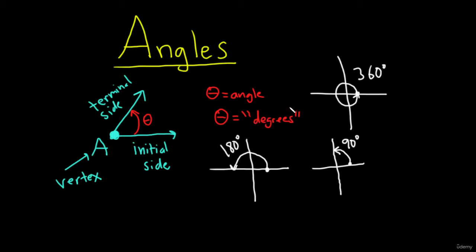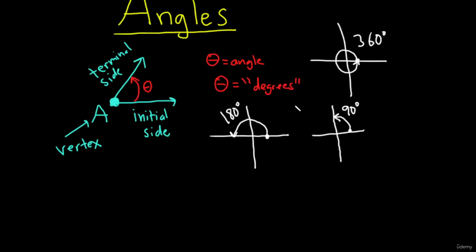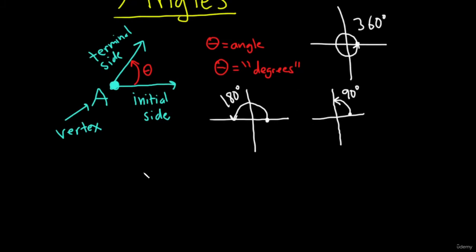Let's talk a little bit about some of the important angles. I'm going to switch color here. So an angle like the one we have up here, I'll draw it again down here. Something like this is called an acute angle. So this is acute. And in this case, our theta is between 0 and 90 degrees.